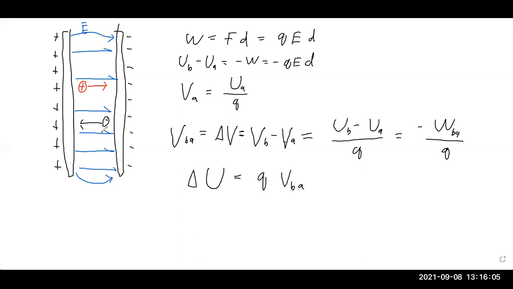So same idea, but you just plug in a minus sign for the charge. So negative charges get pushed into areas of higher electrical potential, and positive charges get pushed into areas of lower electrical potential.